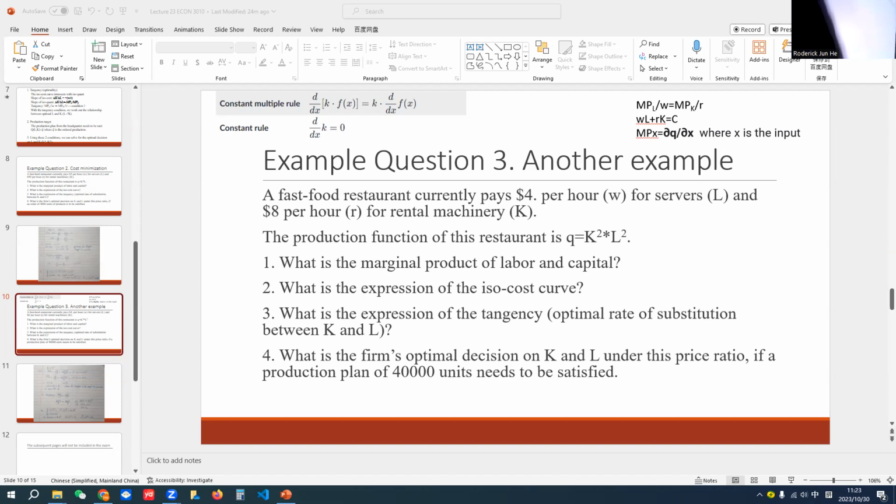Now I'm going to switch to my document camera for a clear demonstration of this problem. You're strongly advised to refer to the slides for the details of the question itself. Here, a fast food restaurant currently pays $4 per hour, so W equals 4, and $8 per hour for machinery, so R equals 8.